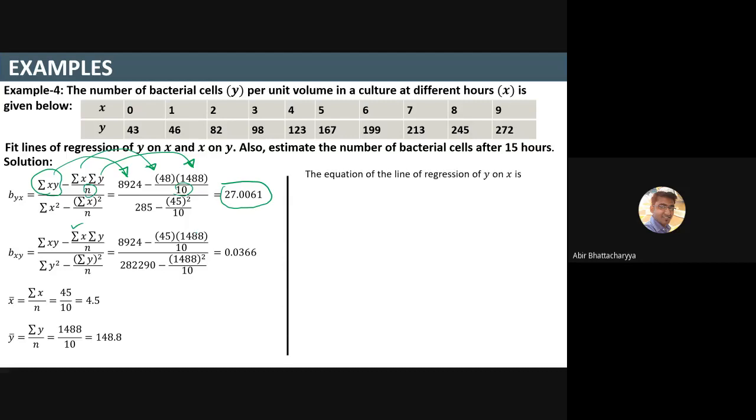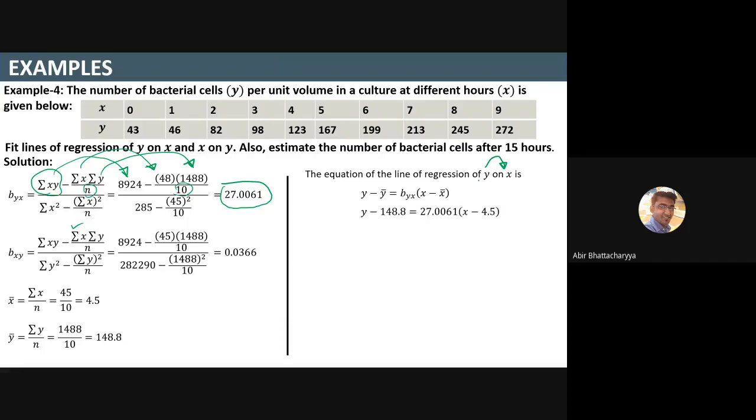Next, the equation of the regression line is y minus y bar equals byx times x minus x bar. Because I'm calculating the regression equation of y on x, that's why we use byx. Y minus y bar equals byx times x minus x bar.